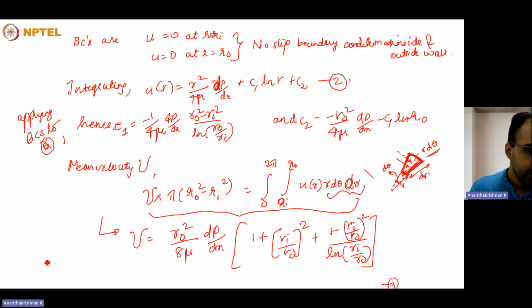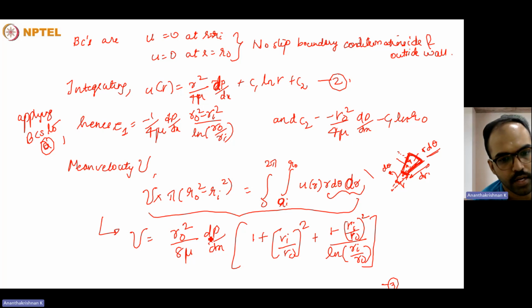This is an important factor because, in order to calculate the friction factor, you require this average velocity term. If it was a flow over a flat plate, you could have directly taken the free stream velocity. Since this is a flow in a tube or an annulus, you have to take the mean velocity in order to calculate the friction factor.